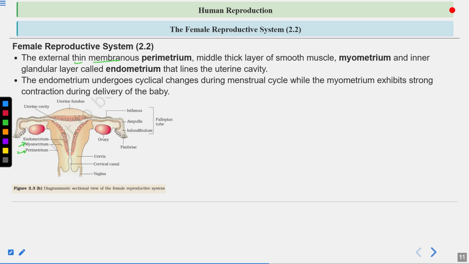Myometrium being of smooth muscles, they can initiate contractions, and these contractions are further amplified by the hormone oxytocin. Then the endometrium, this is the innermost layer. Okay. And this endometrium undergoes cyclic changes during the menstrual cycle, meaning its thickness will vary depending on the level of progesterone.